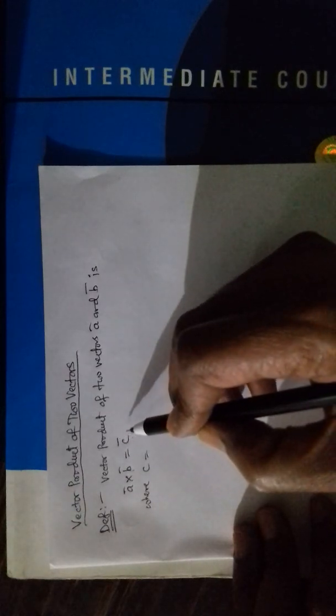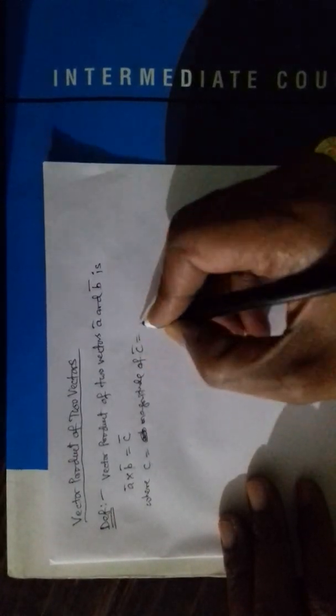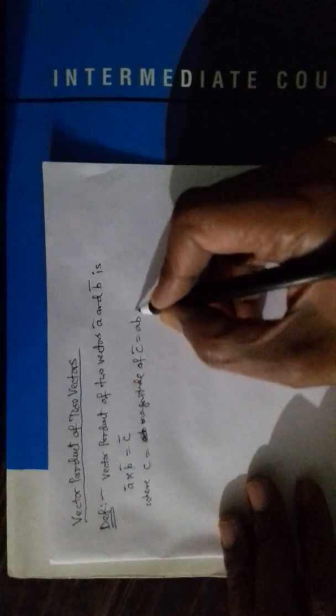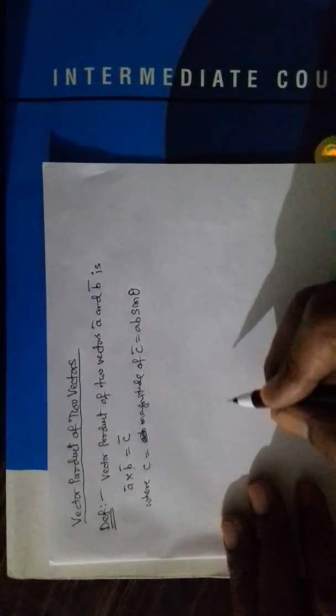If you take the vector product of two vectors, you again get a vector, and a vector has magnitude and direction. Its magnitude is represented by C, and the magnitude is AB sin theta.